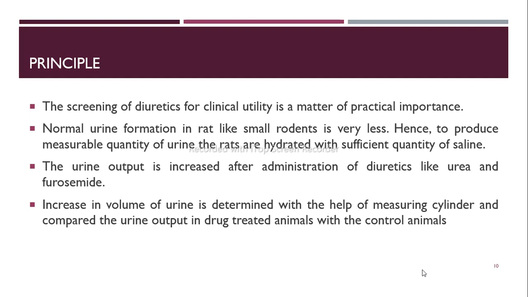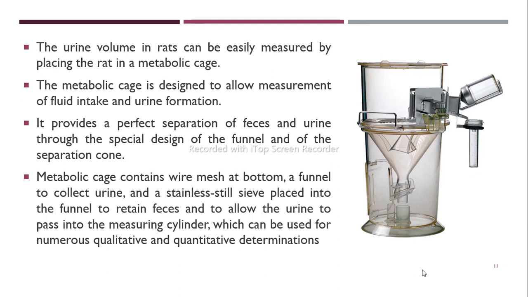The rest of the conditions remain constant. That is, in both groups we will provide the saline prior to the actual experiment, and then we will check the volume of urine after the experiment. The urine volume in the rats can be easily measured by placing the rat in a metabolic cage.